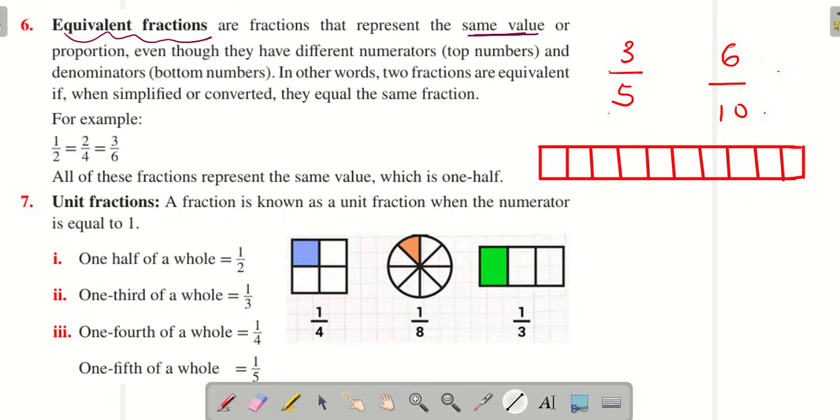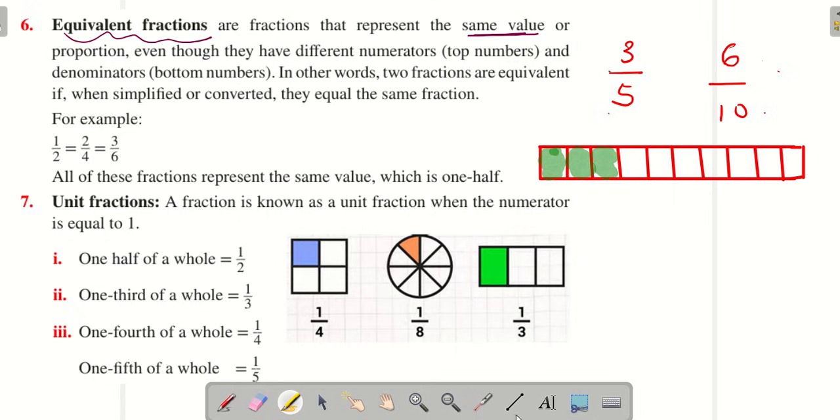I can shade 3 of them. Let me take the first three. When I take the first three, it means I have shaded 3 out of the entire 10.